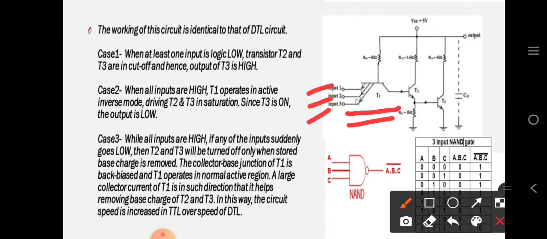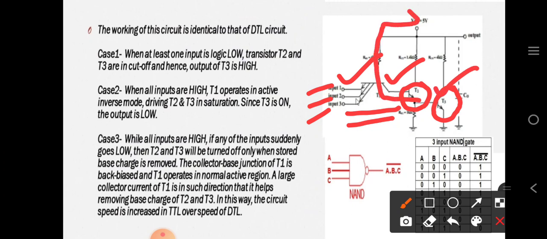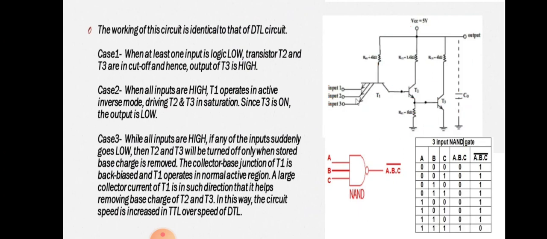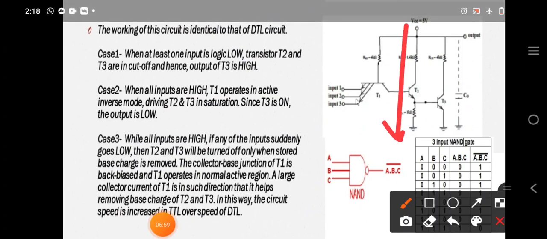If T1 is on, then obviously T2 will also get in saturation region, and this will also switch on. It means if this is on, this is on and this is on, then the current will flow like this and it will go to the ground side.